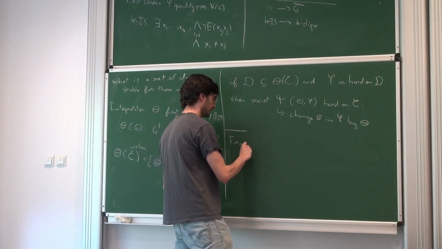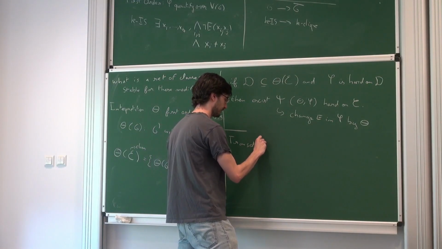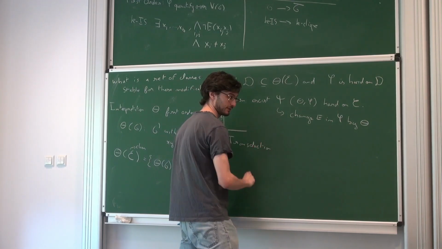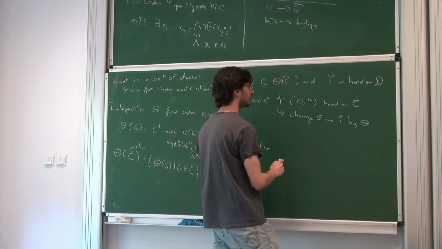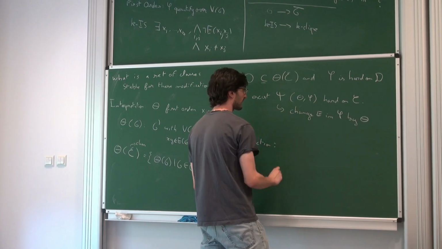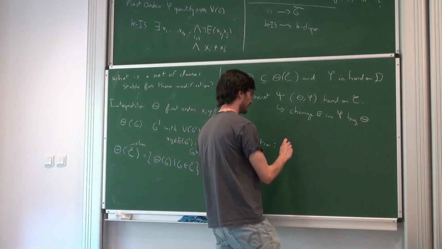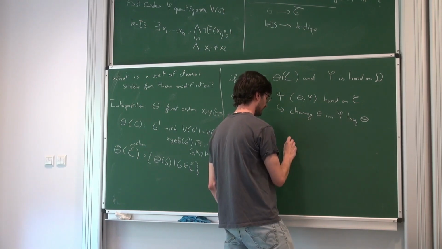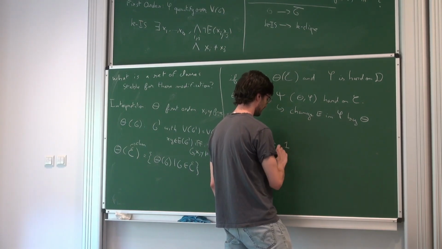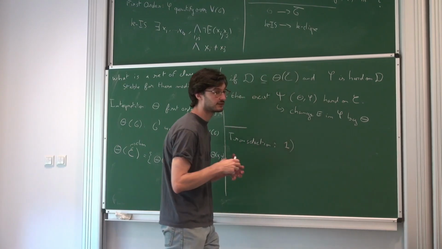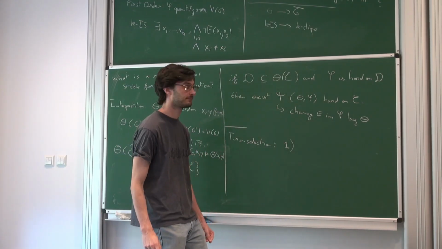So the transduction is a little more complicated process. It goes into 3 steps. So first, we copy our initial graph.